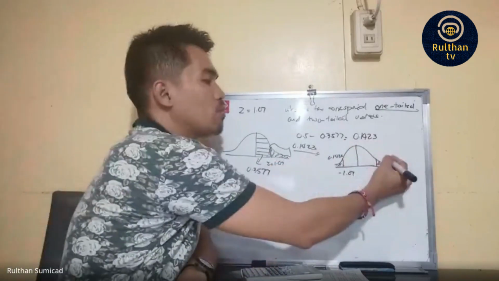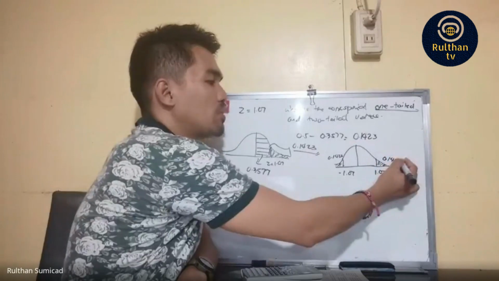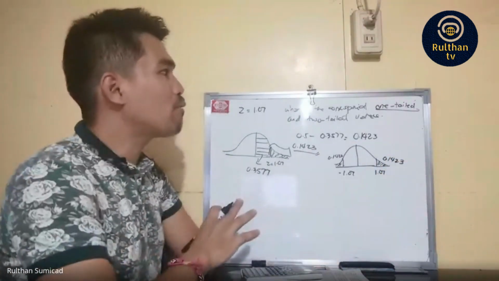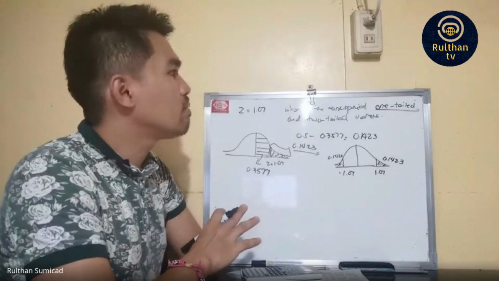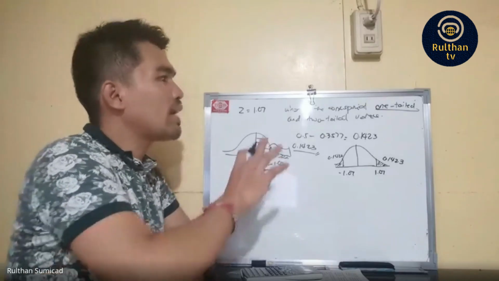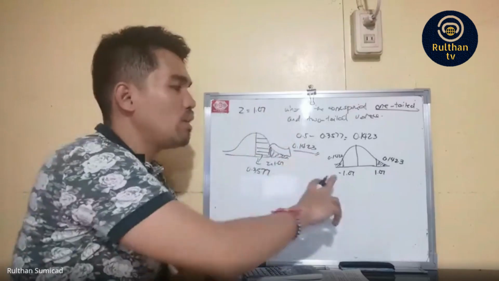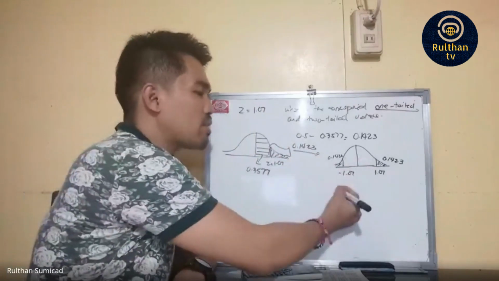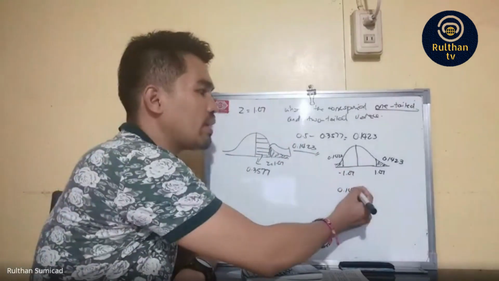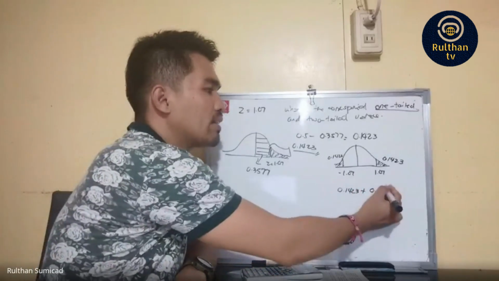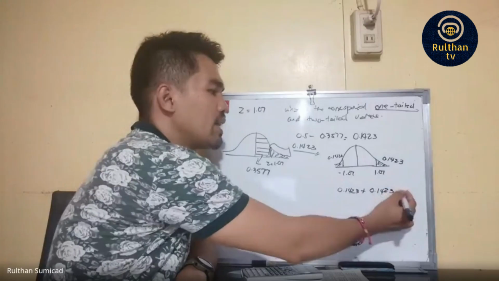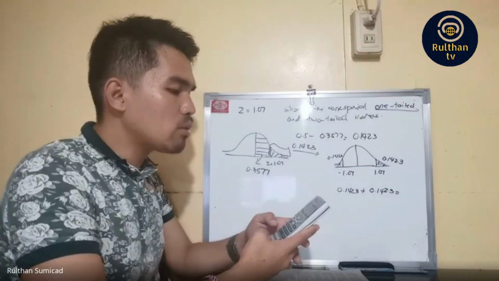And this is 0.1423. Now, since we're looking for the corresponding two-tailed value, we're just going to combine these: 0.1423 plus 0.1423 is equal to 0.2846.